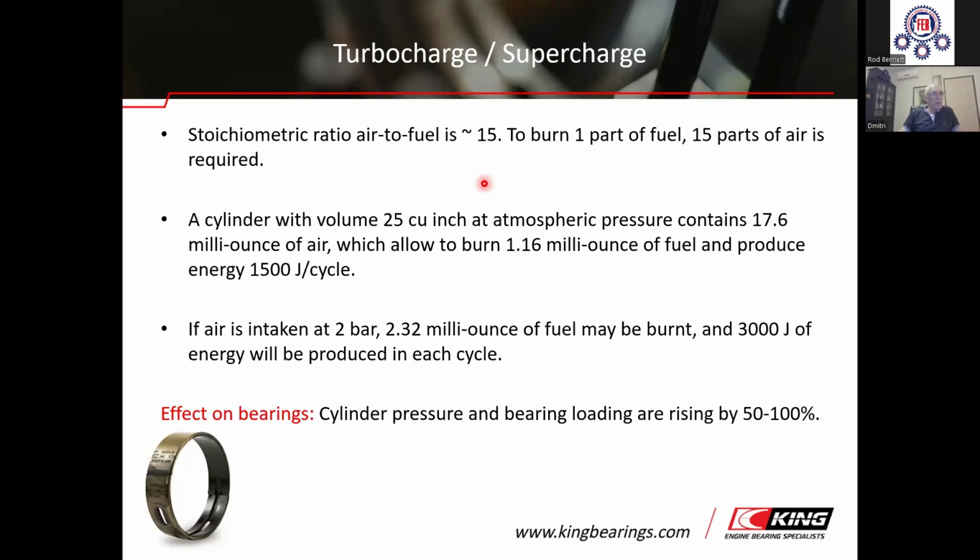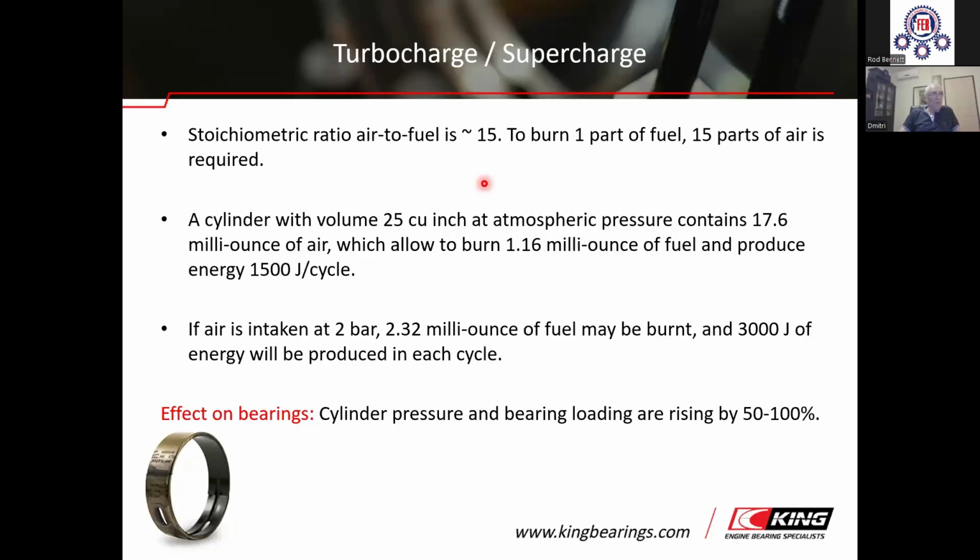In the turbocharged engine, the air pressure is greater than in the normally aspirated engine. If, for example, the turbocharged pressure is 2 bar, instead of 1 bar in the normally aspirated engine, this means that the amount of oxygen molecules is twice as much as in the atmosphere aspirated engine.